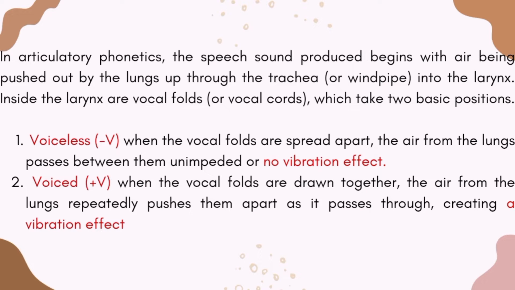When the vocal folds are spread apart, the air from the lungs passes between them unimpeded, with no vibration effect. Number two, voice. When the vocal folds are drawn together, the air from the lungs repeatedly pushes them apart as it passes through, creating a vibration effect.